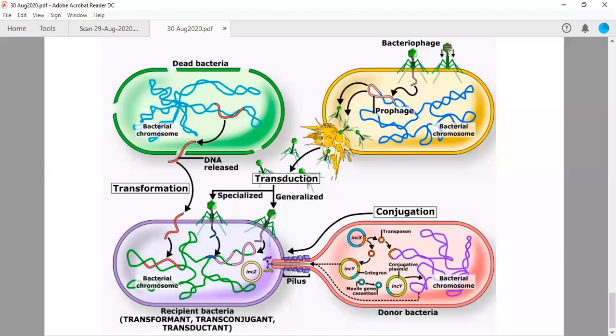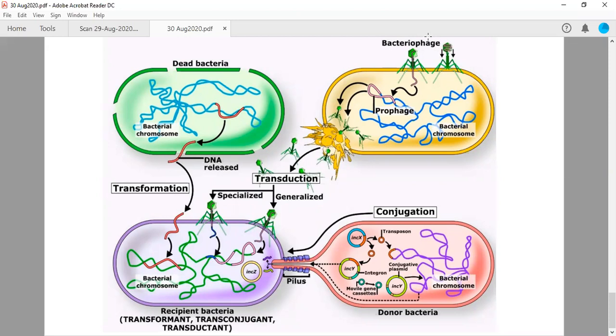Now there is a second process of uptake of DNA from one bacterium into another, with the help of viruses called bacteriophages, which means phage or viral particles that specifically infect bacterial cells. And they are very specific. For example, lambda phage has a host E. coli.